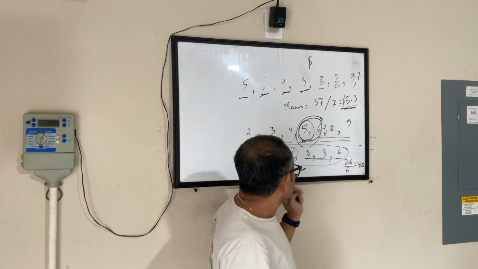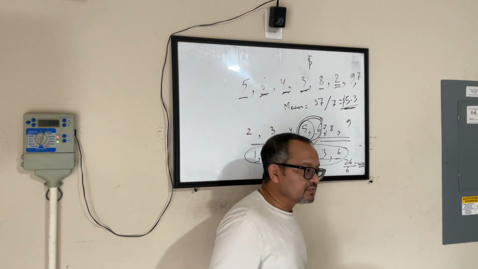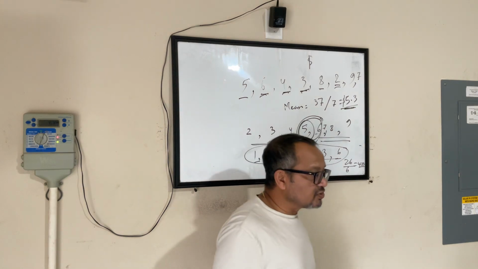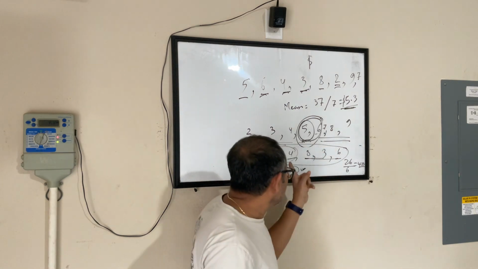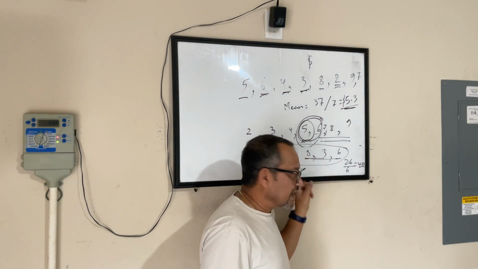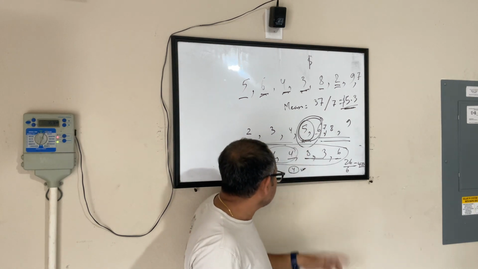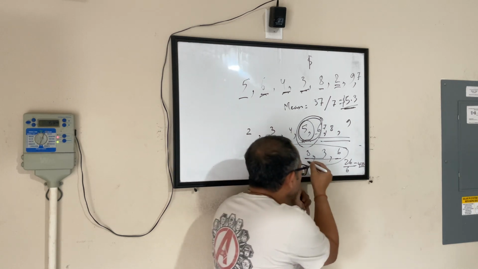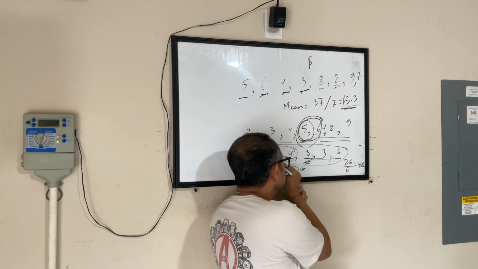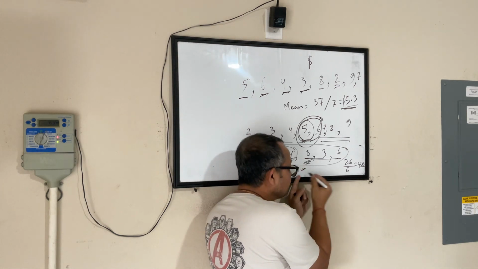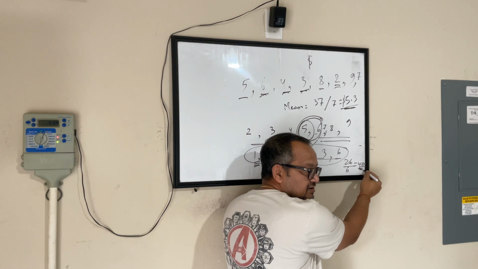Similarly, the mode. Why the mode was brought into the picture was, let's say you're dealing with data where one number is occurring so many times, that means this number will have maximum influence on finding the average. And we actually saw it the first time, right? We had one number as small as 1 and one number as big as this, but just because this one was occurring so many times, it influenced the average to be this.